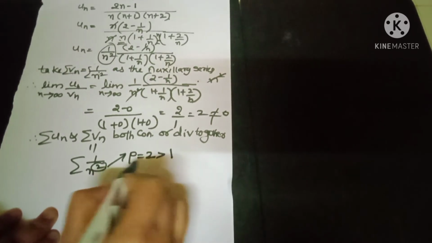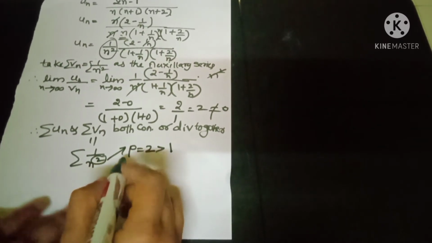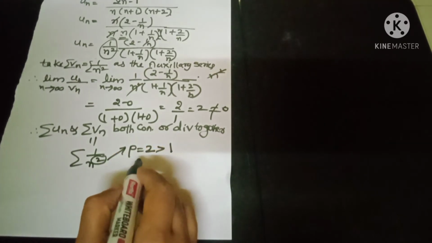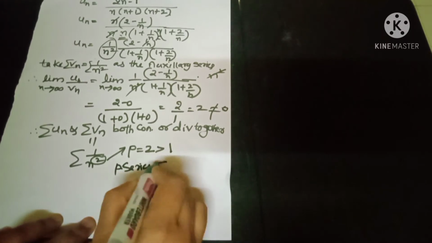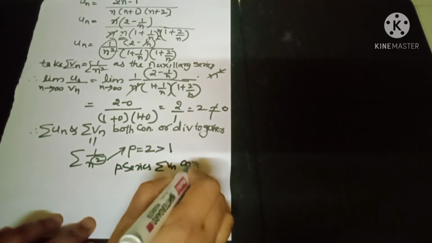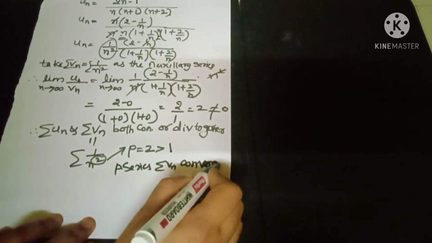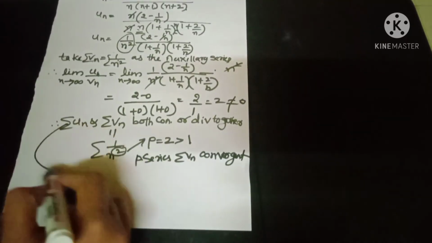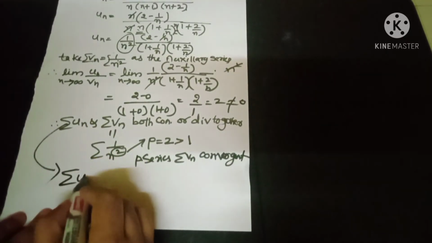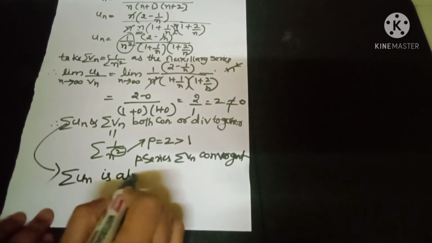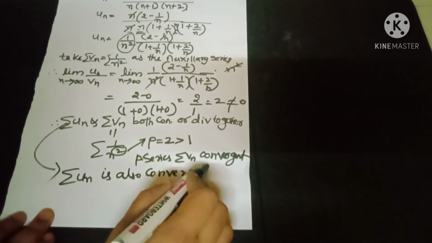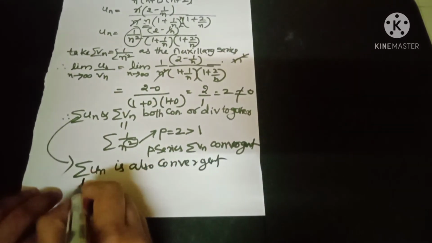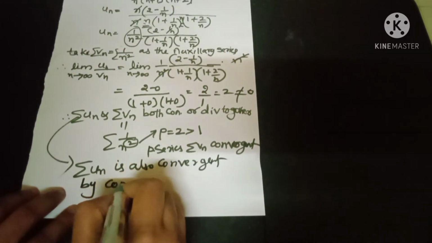Therefore, this series is a convergent series by p series test. Sigma Vn is convergent, and hence the given series sigma Un is also convergent by comparison test.